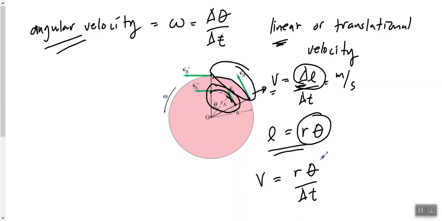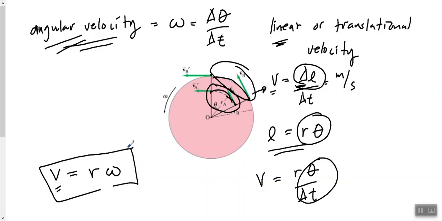Does this look familiar? Yes, that is angular velocity. So we could combine the two equations by plugging this into this. Now we have the linear velocity equal to the product of the radius times the angular velocity. So we have another equation here.